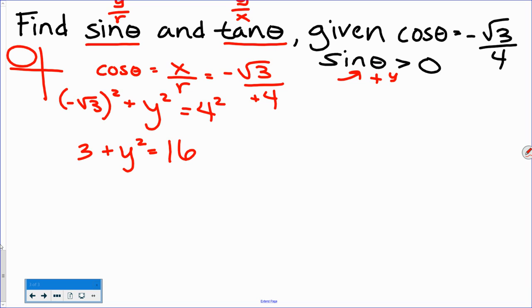If I subtract 3, I will take the square root of both sides. So we'll have the square root of 13 for my y value. And we know that that must be positive since my sine must be greater than 0.